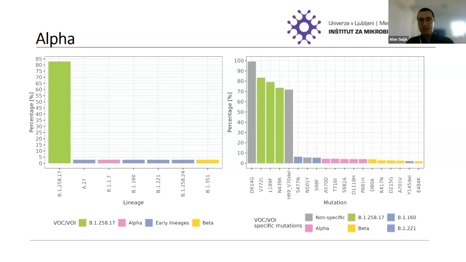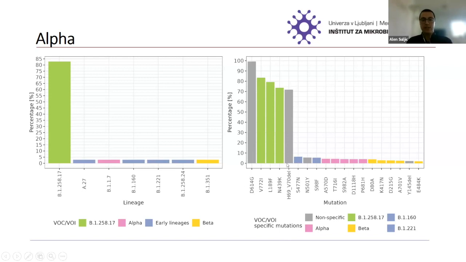On the right, we can see the frequencies of mutations obtained by SpikeScreen. You will see that some mutations are not specific. That would indicate that the mutation is harbored by multiple lineages and therefore cannot serve as a marker mutation.